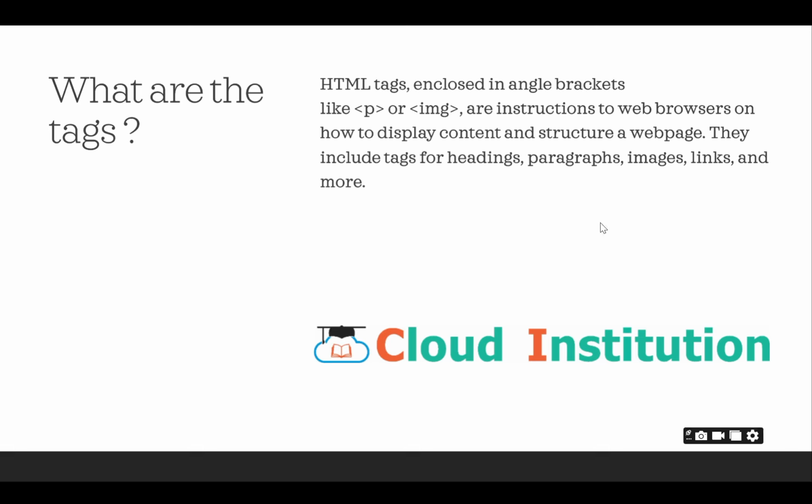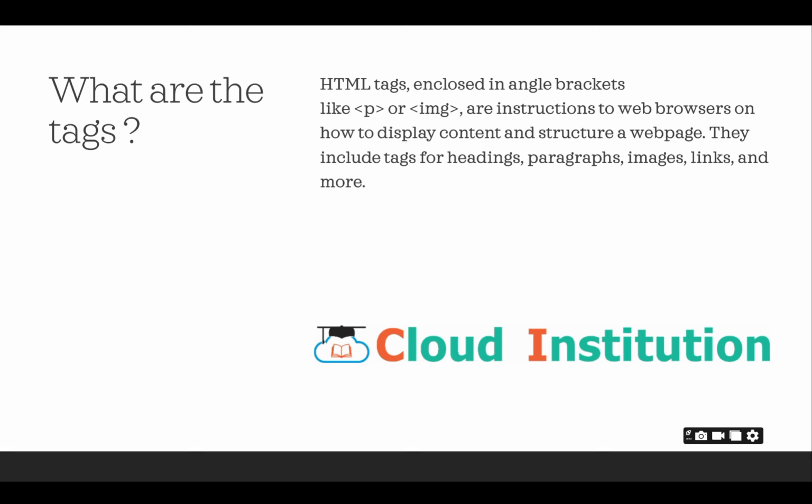There are several tags, like heading tags, paragraph tags, image tags, link tags, body tag, and HTML. There are multiple tags. Once we go through the tags in the next videos, you will understand what all these tags are used for and what kind of instruction they give to the web browser.